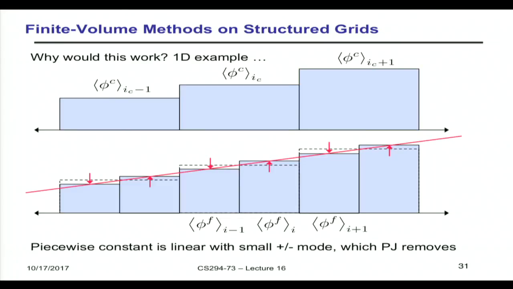That 2 delta x mode is very easy to get rid of with point Jacobi, right? So even though it's barely consistent, only first order accurate, in combination with this ability to pick out those Fourier modes that we don't want on the fine mesh, it's a very cheap and effective way of propagating it back up. Now, if this were a more complicated domain or higher order finite difference operators, you cannot always get away with this, but this is some of the magic and secret sauce of multigrid.